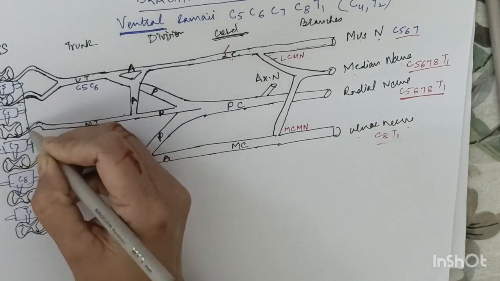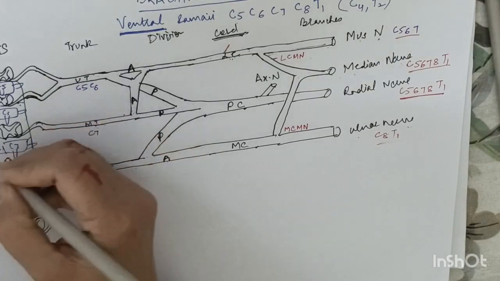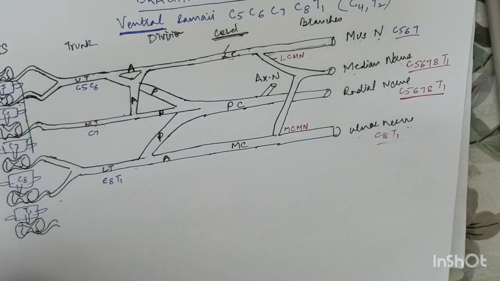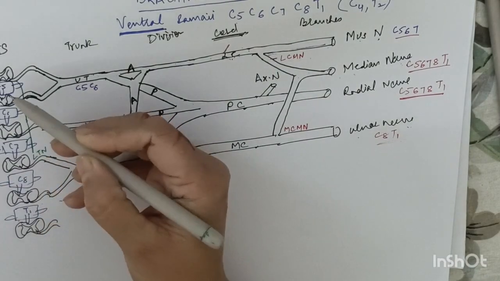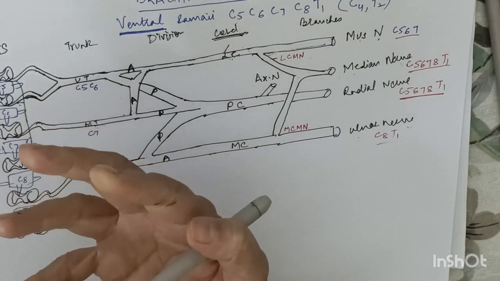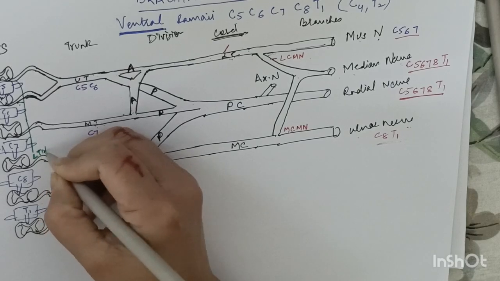It is the long thoracic nerve. It is basically C5, C6, C7. This long thoracic nerve has nerve root value C5, C6, C7, and it supplies the serratus anterior muscle. This is very important, the long thoracic nerve.